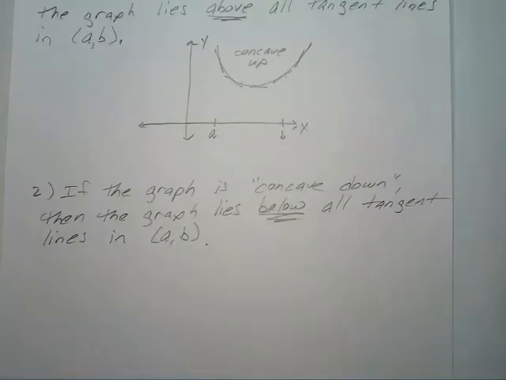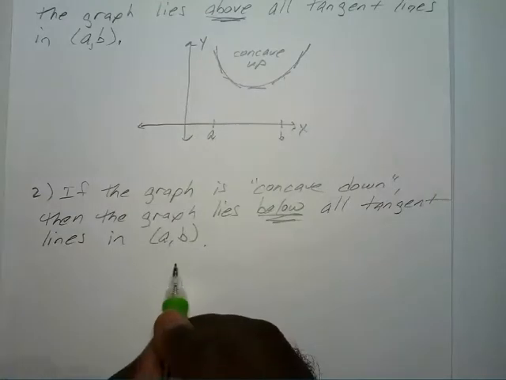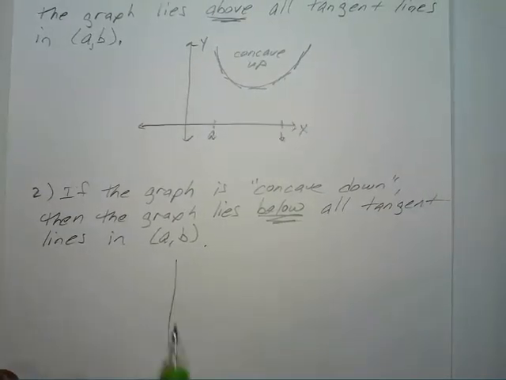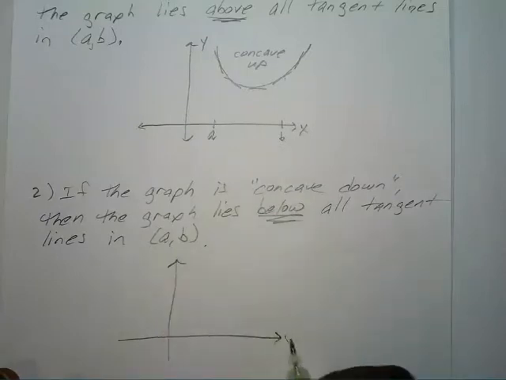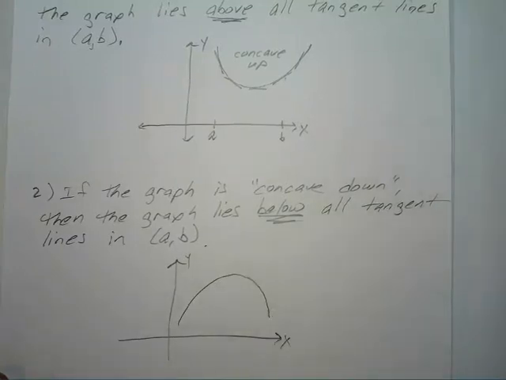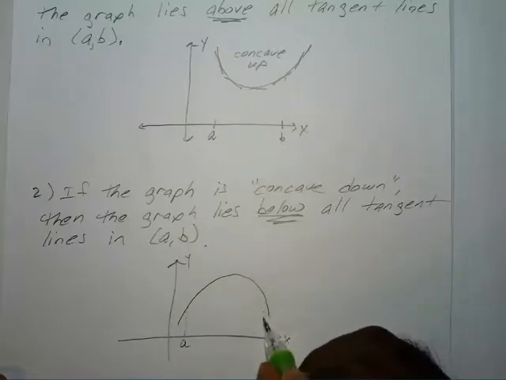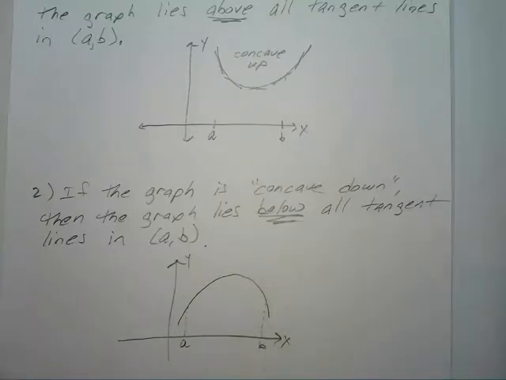Once again, just to help you visualize it, let's say we have our XY axis. This is your x-axis, and that's your y-axis. You have a graph that looks like that, between the interval x equals a to x equals b.